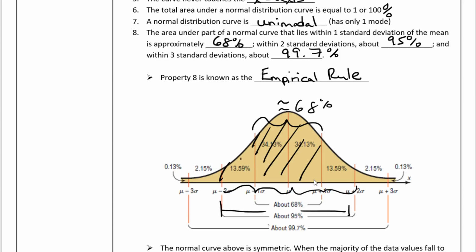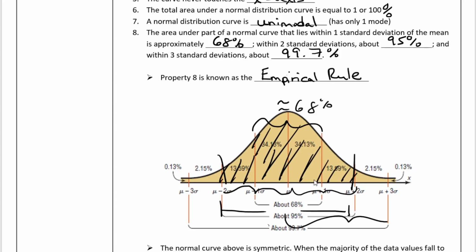That would be the area of everything between those 2 marks. If you were to start in the middle and go 3 standard deviations on each side, then that would cover almost 100% of the curve, 99.7%. And that's called the empirical rule. We're going to use that more in the next section or two.